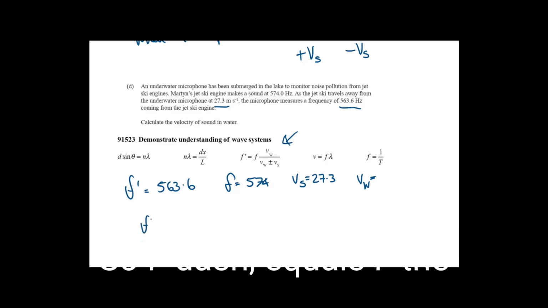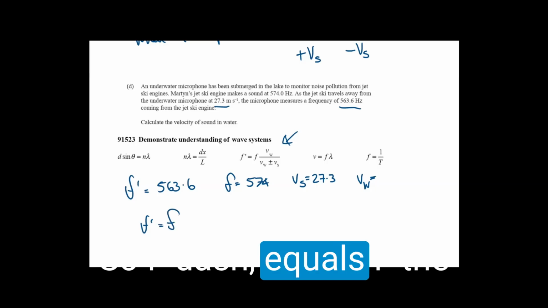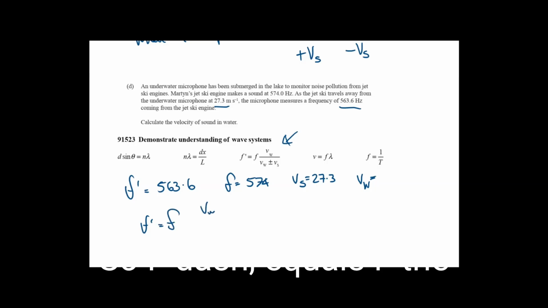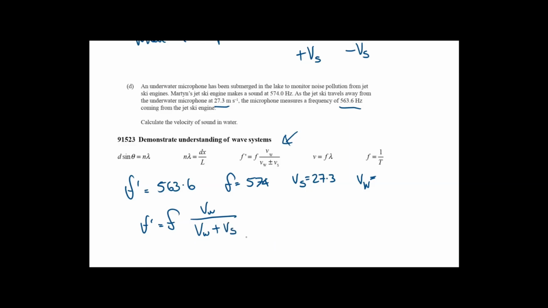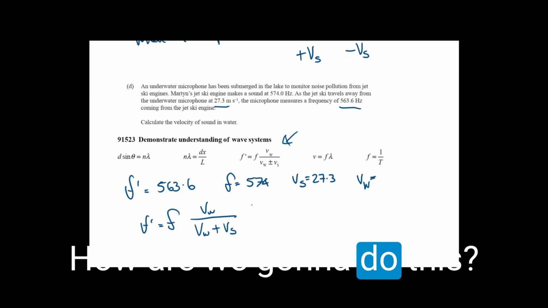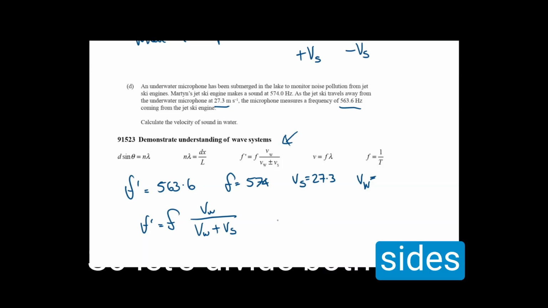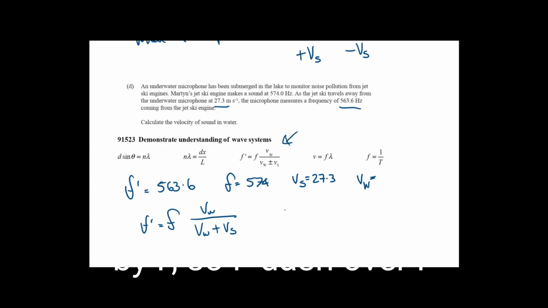So F dash equals F VW, and it's moving away from that there. So how are we going to do this? Let's divide both sides by F.